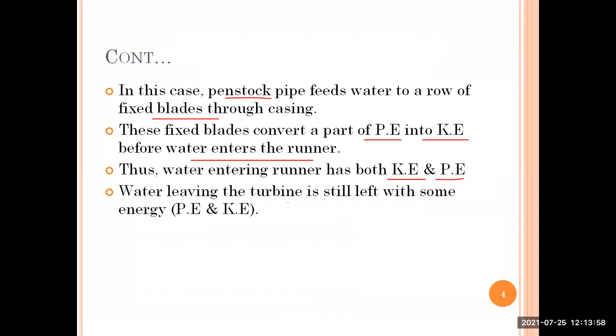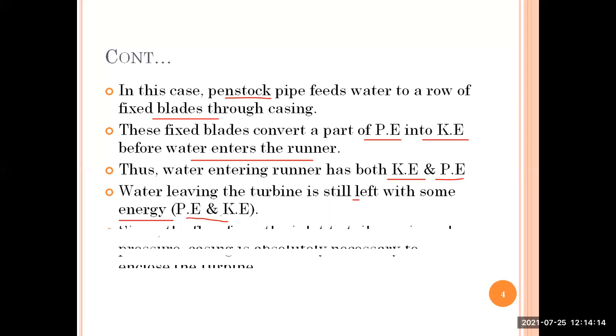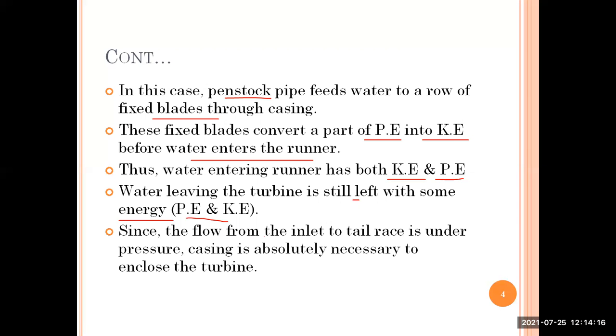The water leaving the turbine is still left with some energy, both pressure and kinetic energy. Since the flow from the inlet to the tail race is under pressure, the casing is absolutely necessary to enclose the turbine, because of that high pressure there may be accidents and breakages of the blades.